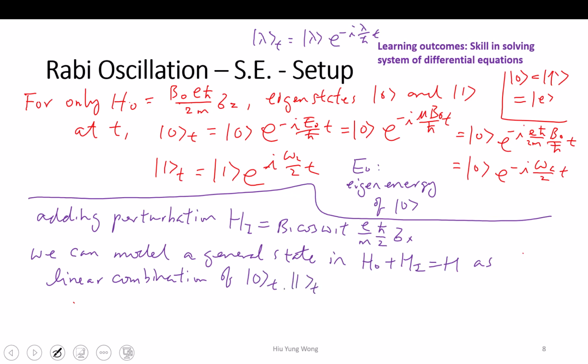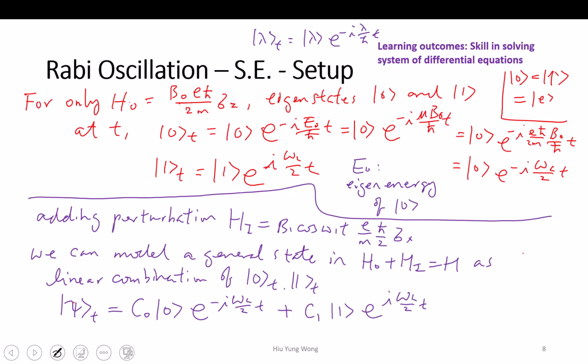So psi of t is going to be equal to C0 times state 0 times e to the power negative i omega L divided by 2 t, because state 0 times e to the power negative i omega L divided by 2 t is exactly the excited state at time t, plus C1 times state 1 times e to the power i omega L divided by 2 t.